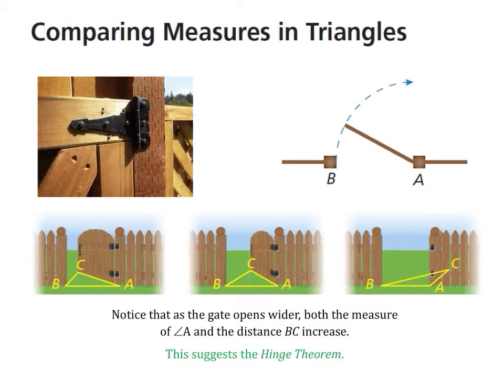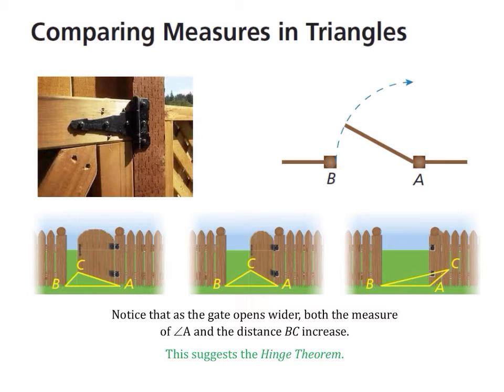So imagine a gate between fence posts A and B that has hinges at A and swings open at B. As the gate swings open, you can think of triangle ABC with side AC formed by the gate itself and side AB representing the distance between the fence posts. And then side BC represents the opening between post B and the outer edge of the gate.